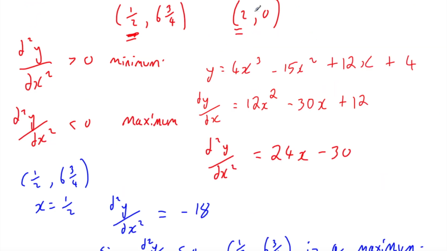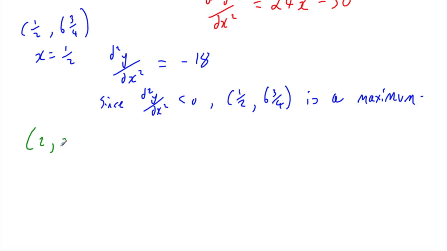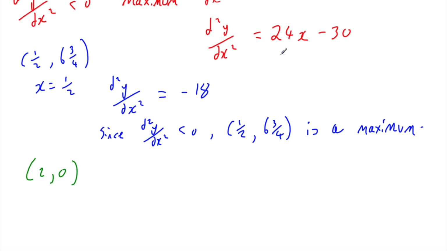Okay, and we're now going to focus on the second point, the point (2, 0). So the point (2, 0), we want to find out if it's a minimum or maximum turning point. Just going to go up a bit so we can see d2y over dx squared. So we know that the x coordinate is equal to 2, so x is equal to 2. So that means that d2y over dx squared would be equal to 24 times 2, which is 48, take away 30 is equal to 18.